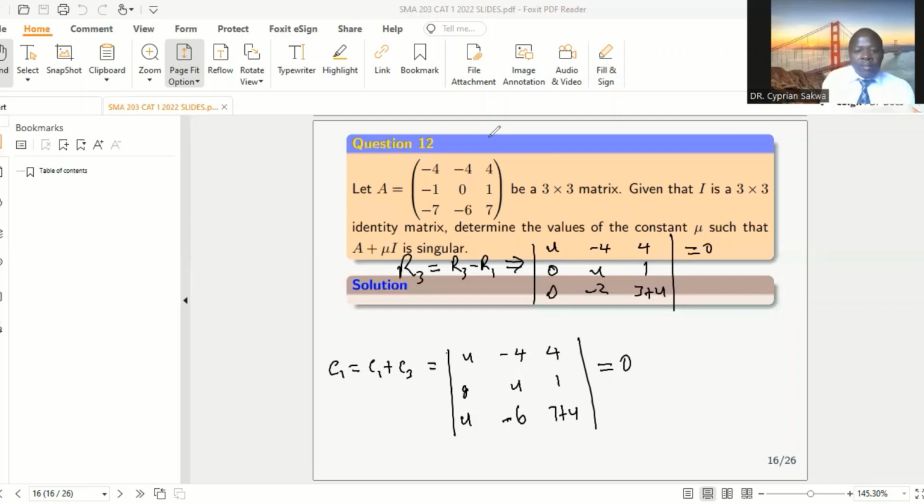Let me create some space. I'm now in a position to find the determinant along the first column, along this column. And you see how 0 makes my work easier, because I would have taken this times the determinant of the matrix that remains, plus this times the matrix that remains, and so on.